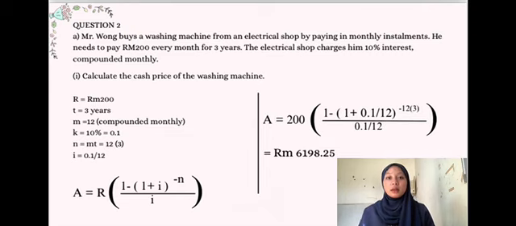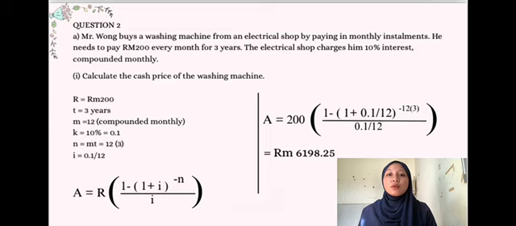Question 3. Just after paying the 20th installment, Mr. Wong decided to settle the outstanding balance of the loan. How much does he need to pay to fully settle it? We need to use formula A. A = R[1 - (1 + i)^-n]/i, and the items are R = 200, i = 0.1 divided by 12, n = 60, and enter the items into the formula.